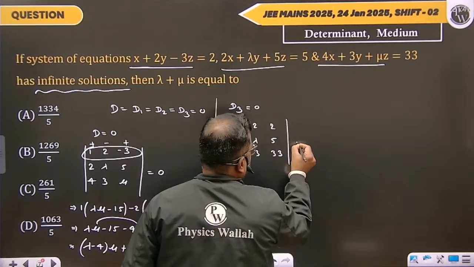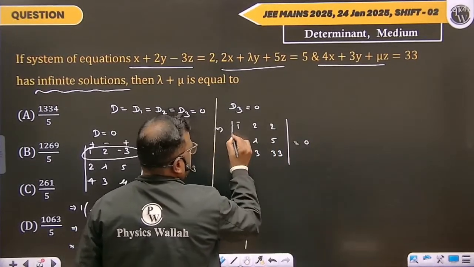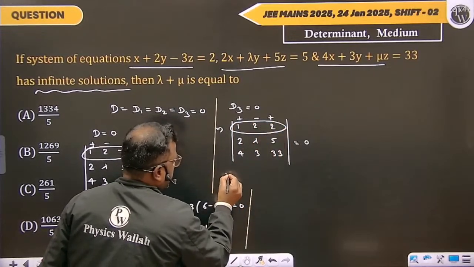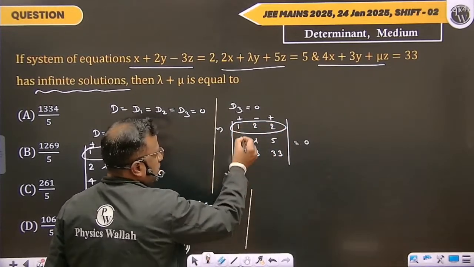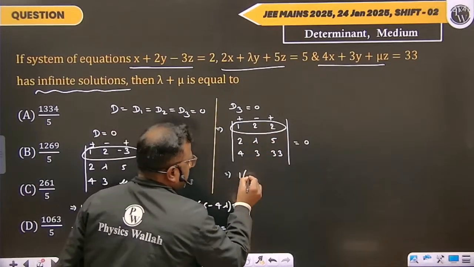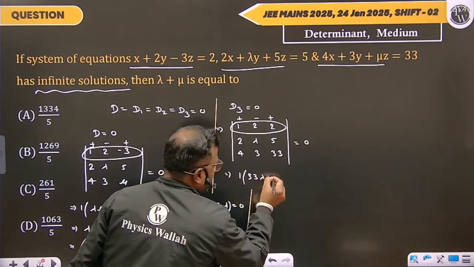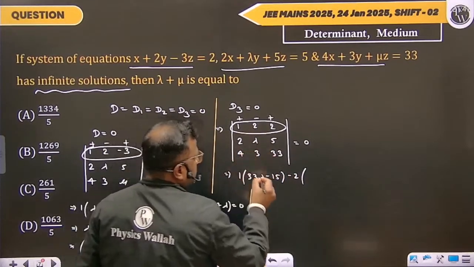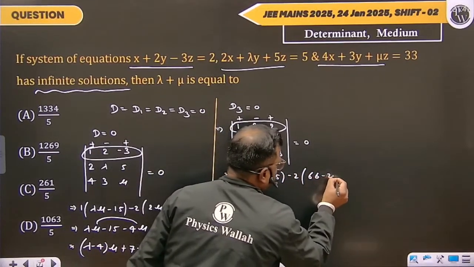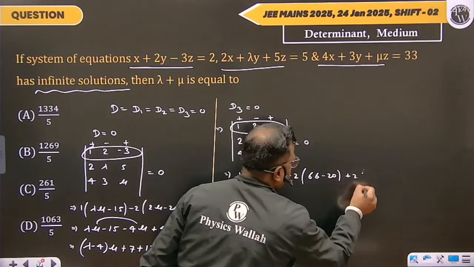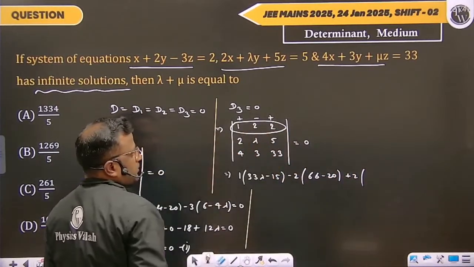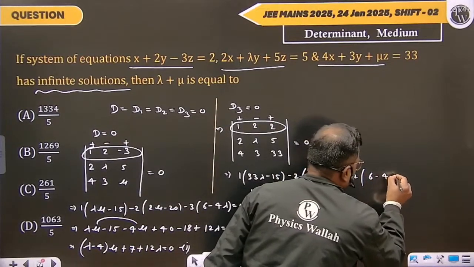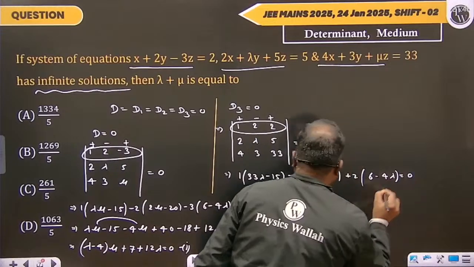Okay, now it can be solved. Plus minus plus: plus 1, this column this row removed: 33 lambda minus 15; minus 2, 66 minus 20 plus 2, this column this row removed; 6 minus 4 lambda, equal to 0.